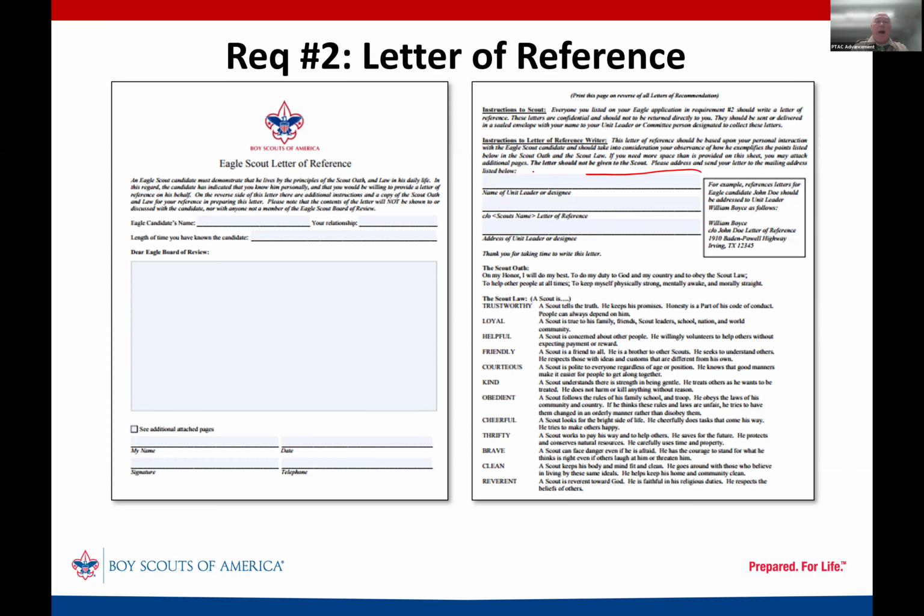There's a spot on the form that identifies who these letters are supposed to get returned to. So that's what's really nice about this letter of reference form. The first page is pretty simple and generic, nothing special, but on the second page, I really like the information that's there.